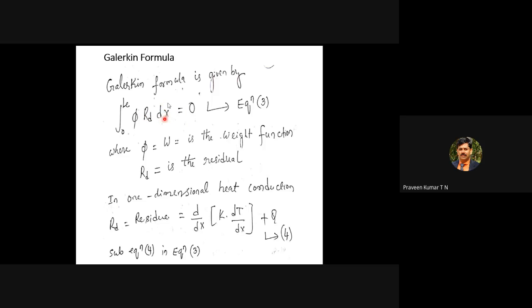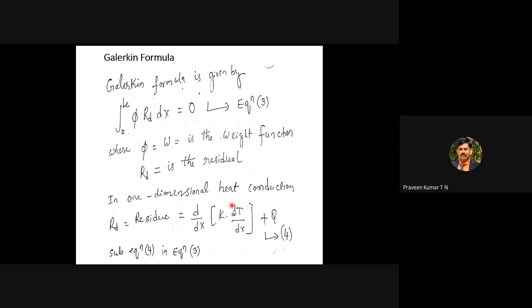So dV is nothing but A into dx. Hence the volume integral is reduced to the line integral from 0 to LE of phi into RD into dx. The phi is the weight function and RD is the residual. The residual is nothing but the differential equation.